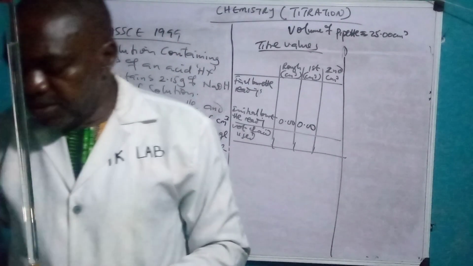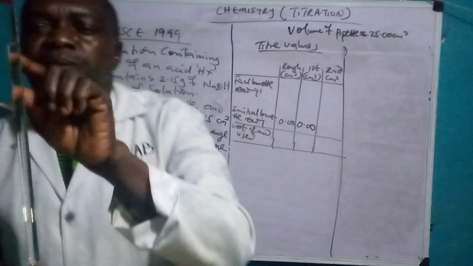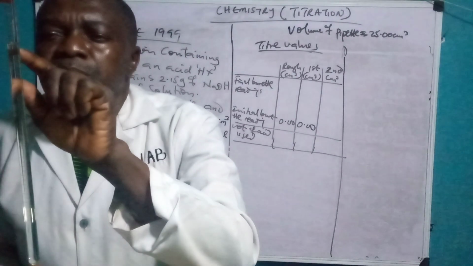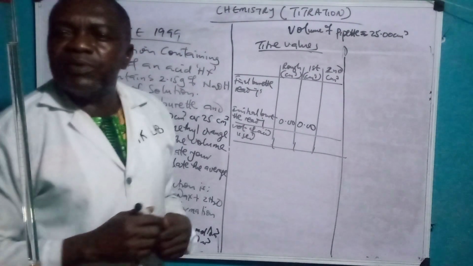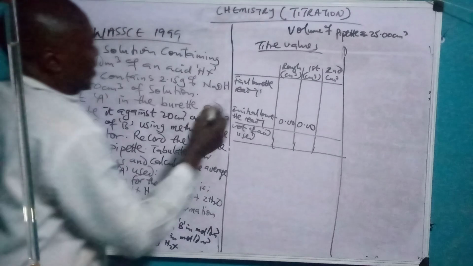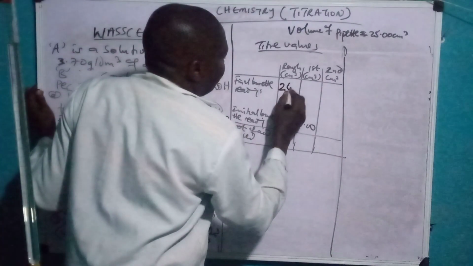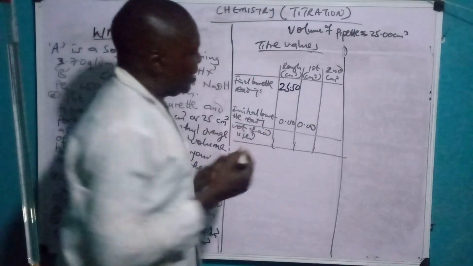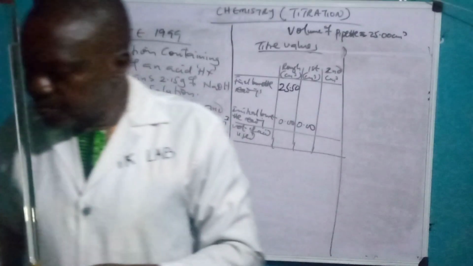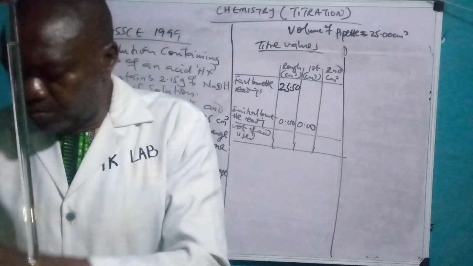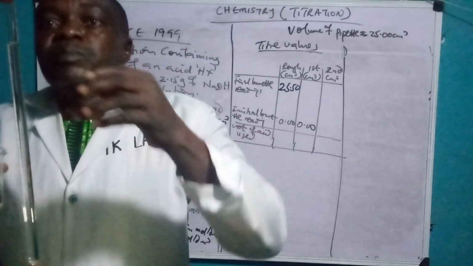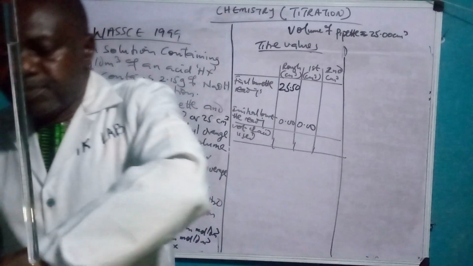You now take the reading, 25.5. First reading, 25.50. Then let's refill it again. Here is our funnel.